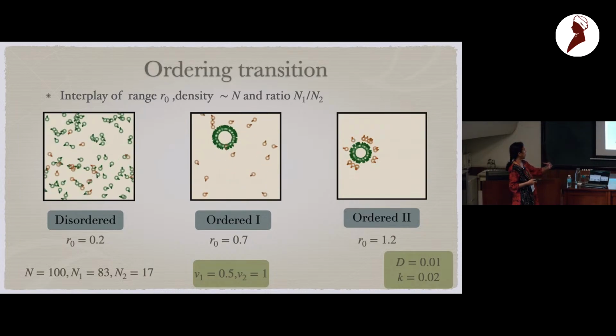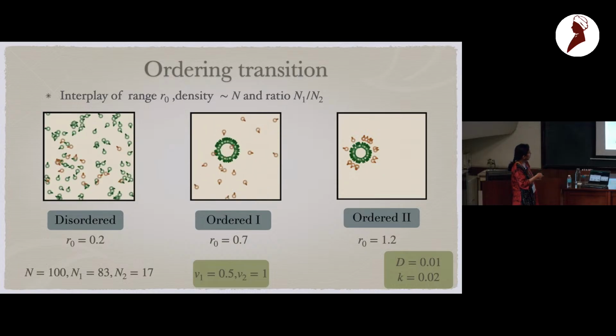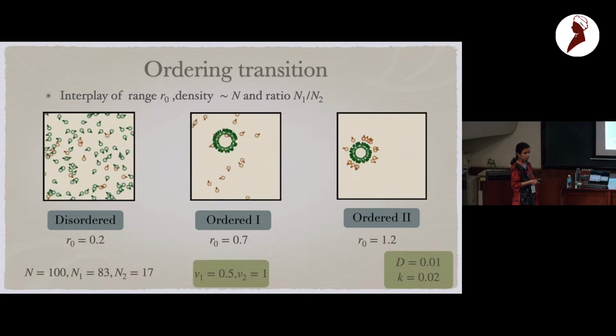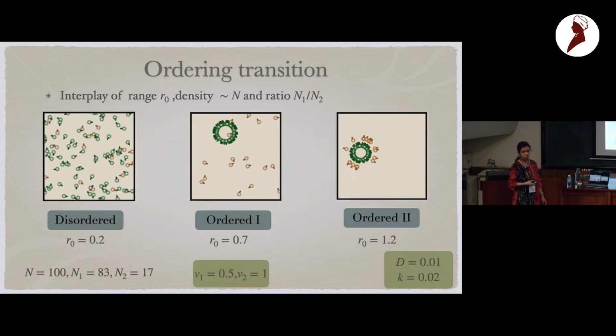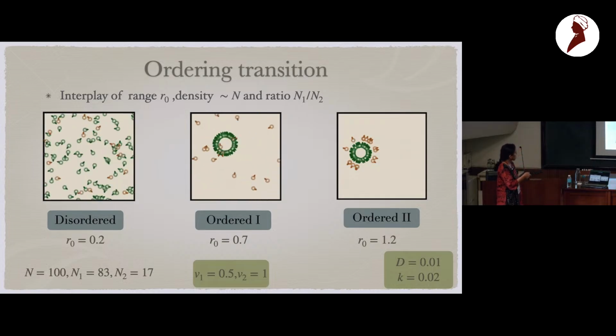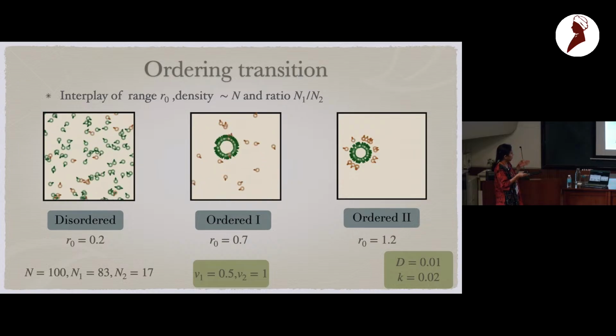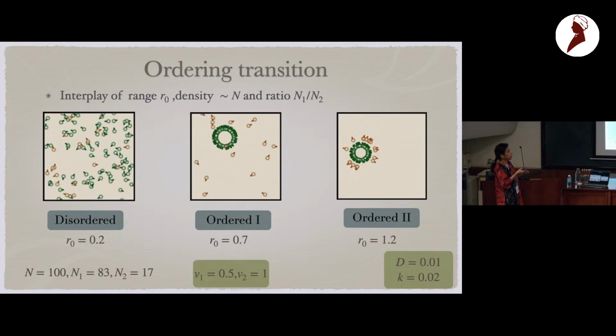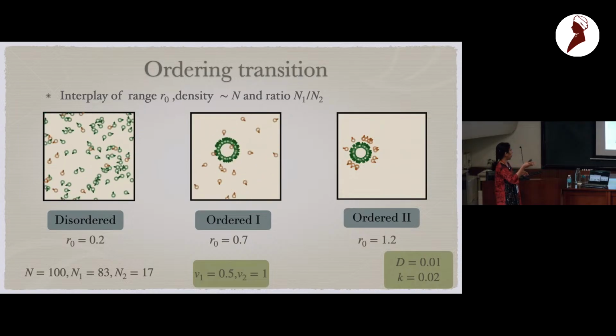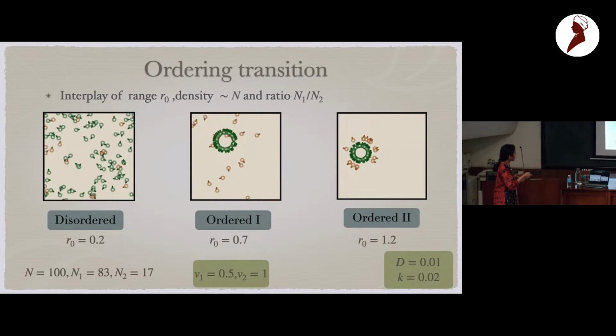All these particles are forming a ring, and the faster particles just diffuse around randomly. This we call a partially ordered phase. There is a spatial ordering, particles are forming a ring, and there is also an orientational ordering in the sense that the self-propulsion directions of all the particles are pointing radially outward of this ring.